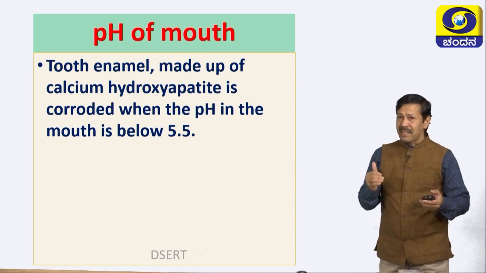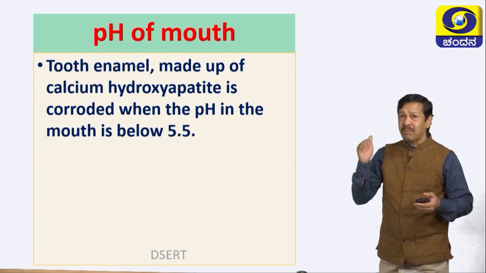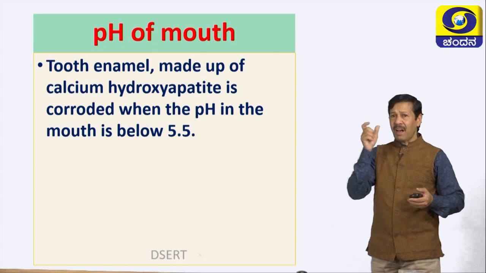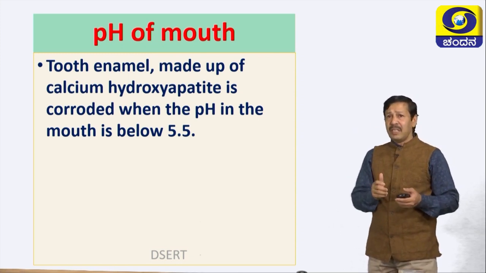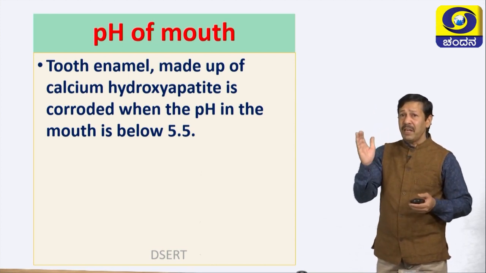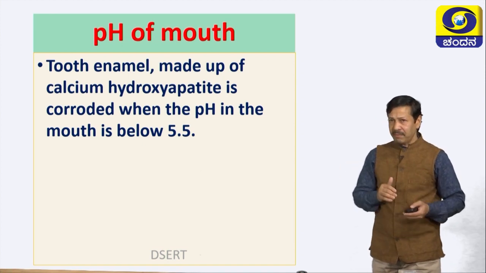Enamel present in the teeth is made up of calcium hydroxyapatite, the hardest substance present in the body. That hard substance is easily corroded when the pH in the mouth is below 5.6 or 5.5.